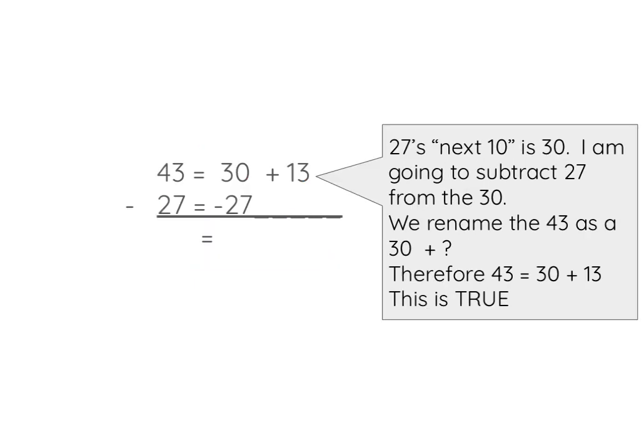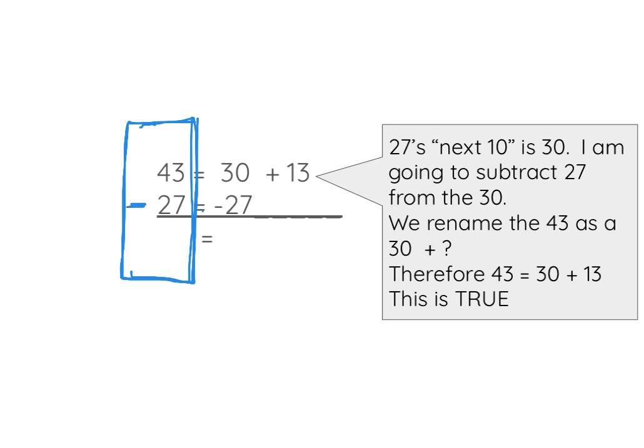Let's try another. All right, this equation is 43 minus 27. So I'm going to write it vertically, 73 minus 27. Now, the 27 is what I'm going to subtract.